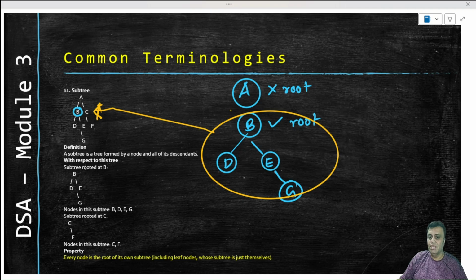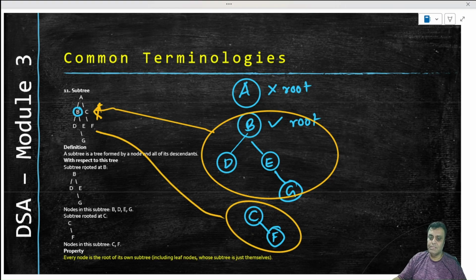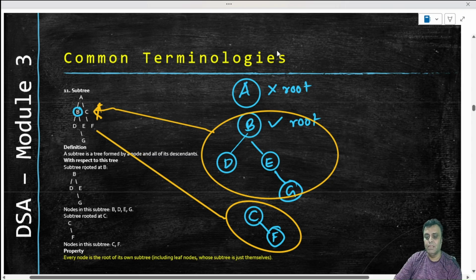Similarly, if I take the same example, a subtree which is rooted at C. So if I take C as the new root, then from C, who are my descendants? F. So then the entire thing becomes a subtree because this is a part of this tree. So that's on the subtree. I hope you can understand what a subtree is. Please remember, take all the descendants from the node, you get a subtree.